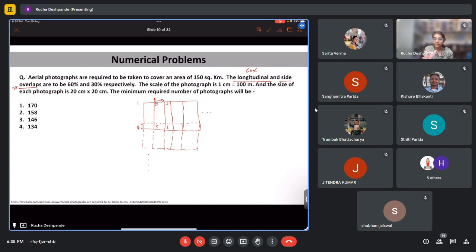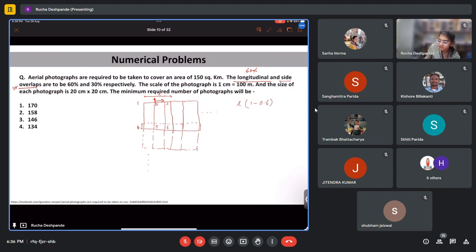So the effective area which is covered by this photograph would be, if L is the total length of this photograph, then if it has 60% overlap, the effective area that particular photograph is covering would be L into 1 minus 60%.